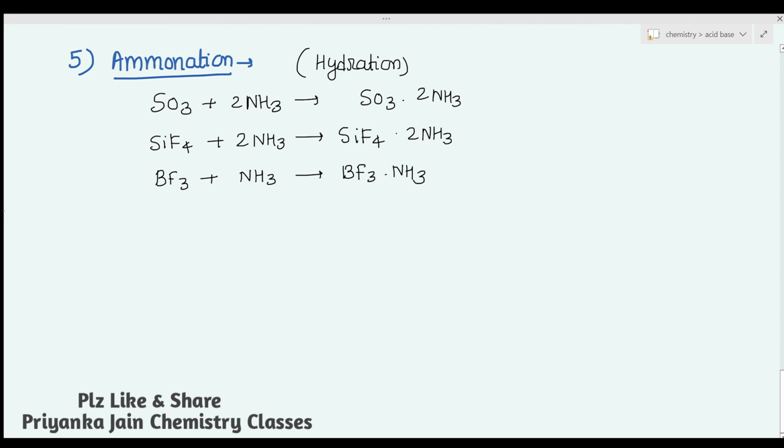Another important type of reaction is complex formation. Several complexes can also be formed in liquid NH3.